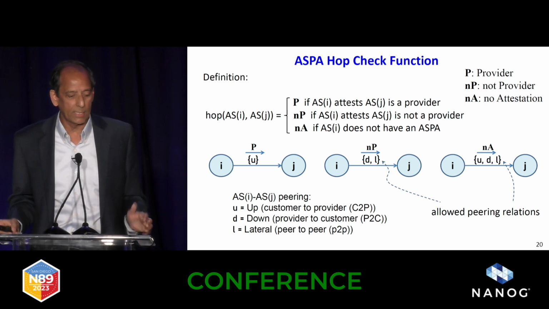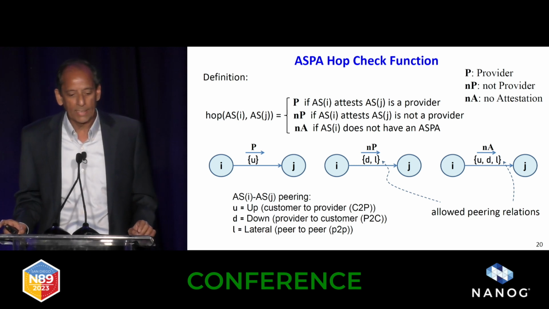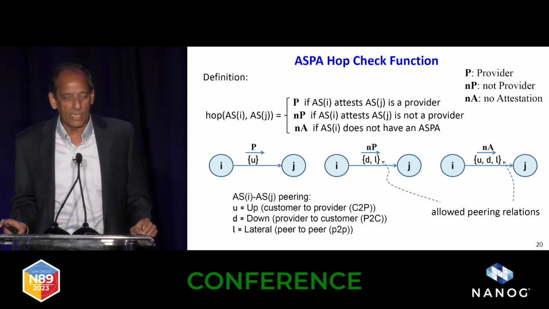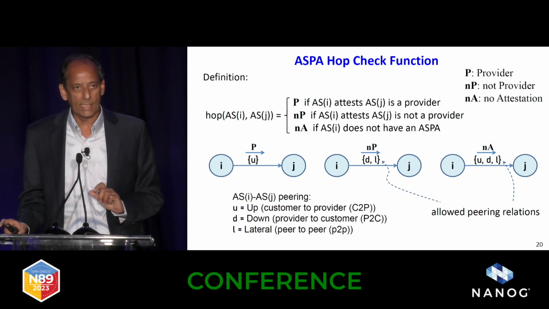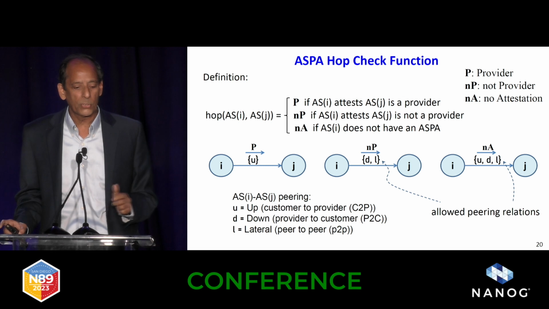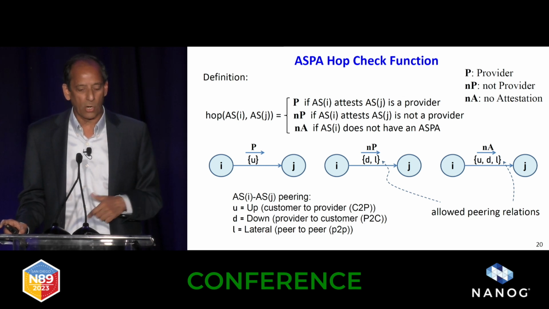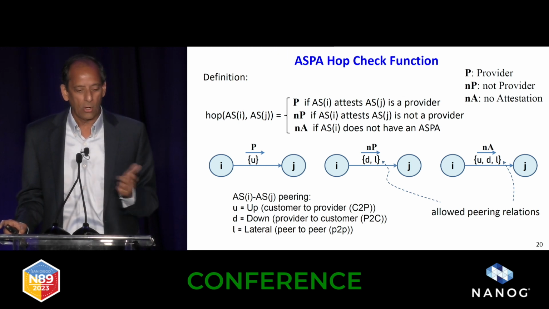It is attested provider by AS I. And if J is not included in the ASPA of I, then it is attested not provider, in which case it is either a lateral peer hop or a provider to customer hop, either horizontal or down.